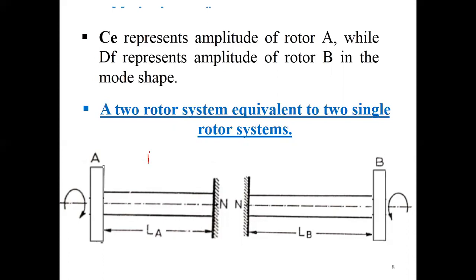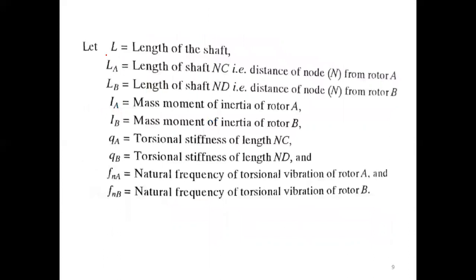This is the first single rotor system and this is the second. You know that L is the actual length of the shaft, which is divided into two segments, LA and LB, where LA is the distance of node N from rotor A and LB is the distance of node N from rotor B.